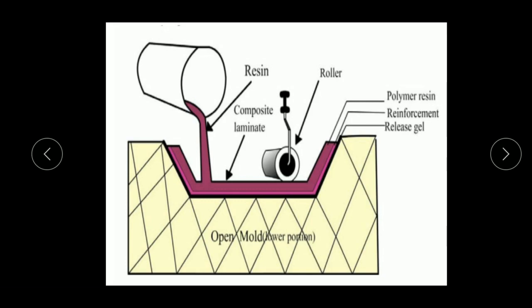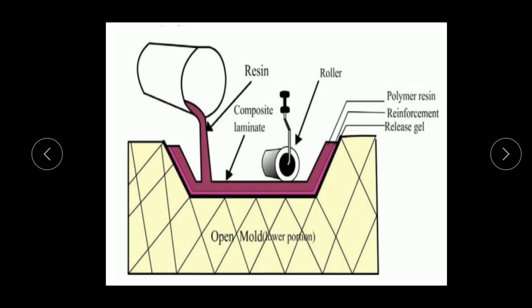Based on that, we have to select the mold box, keep it in a proper place and clean it thoroughly. After cleaning the mold box, we have to apply the release gel over the surface of the mold box. After applying the release gel, now we have to select the reinforcement material. Most commonly, the reinforcement material is in the form of fibers.